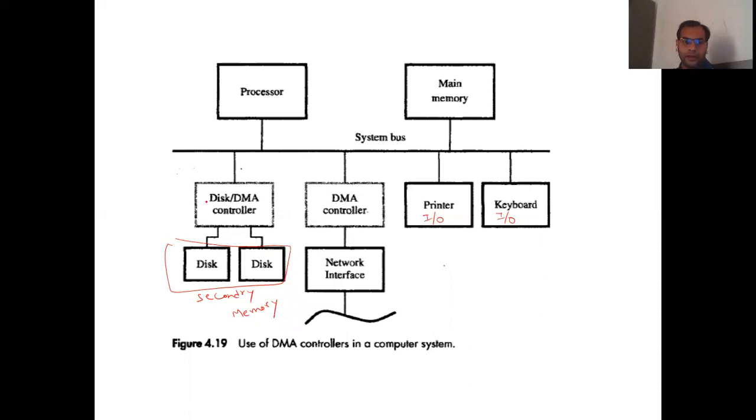Let us see why we have used a DMA controller. Let us suppose the example we took in the last video: a keyboard wants to operate. The keyboard needs to send a request to the processor, and then the processor will go to the main memory.